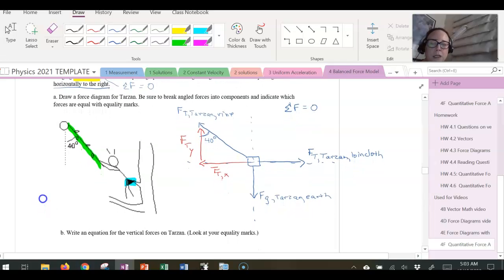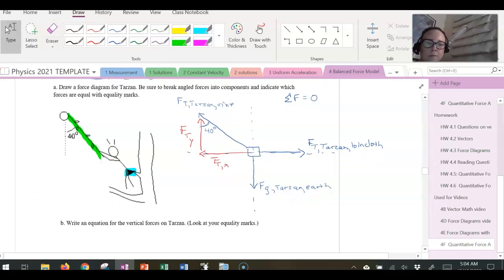So it says write an equation for the vertical forces on Tarzan. And since there are only 2 vertical forces, and I know that the sum of those vertical forces must be 0, because overall all the forces have to add to 0, then I can say that the y component of the tension force and the force of gravity must be balancing each other.